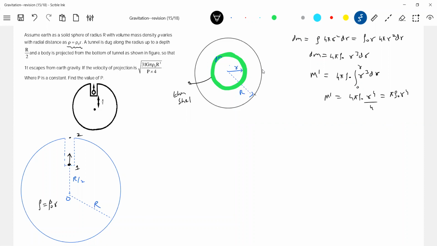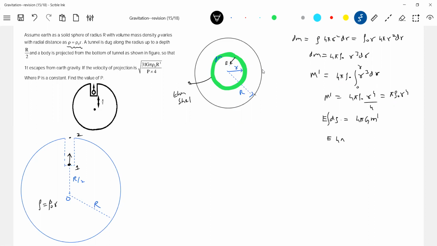So now what is the field strength at this particular point? The expression for E, we can directly apply Gauss law. 4 pi r square E equals the integral of E into dS, which equals 4 pi G times the net mass enclosed by the Gaussian surface.